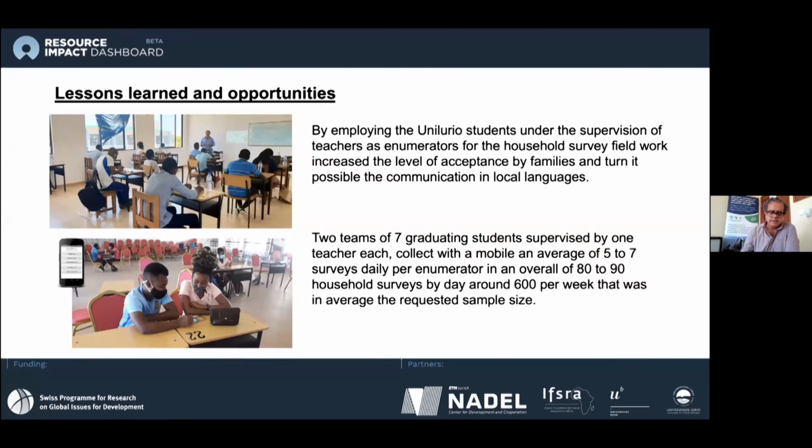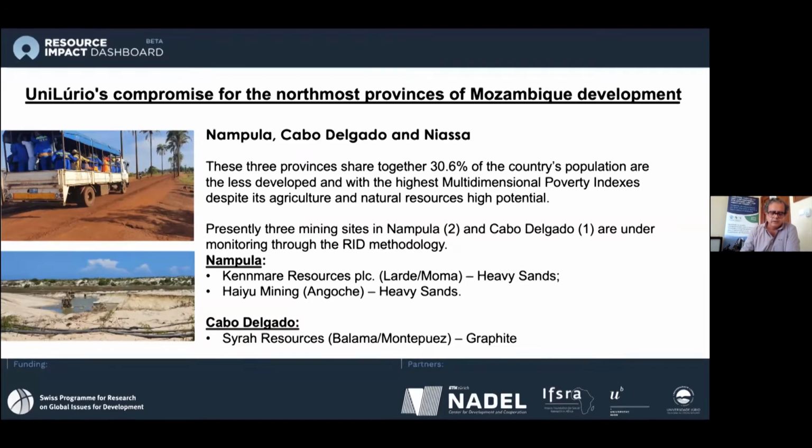Presently, 3 sites are under monitoring using the RIDE methodology. 2 in Nampula province, Kenmare Resources in Larde and Moma, and 1 in Angoche, that's Haiyu Mining. And in Cabo Delgado, we have worked with Syrah Resources, that is a graphite mine in Balama.